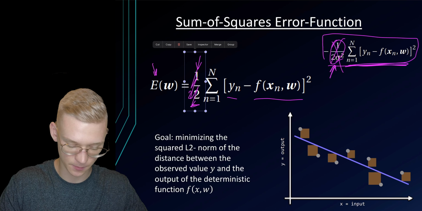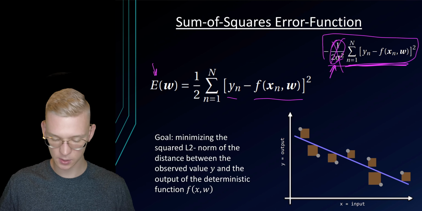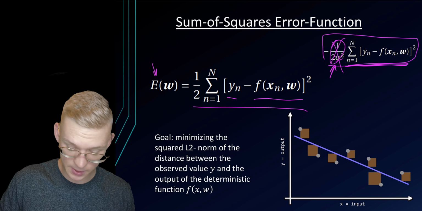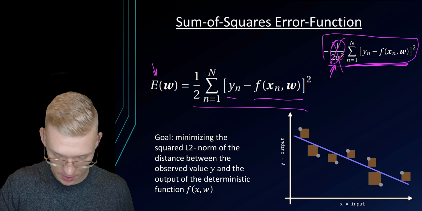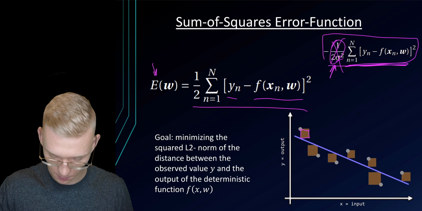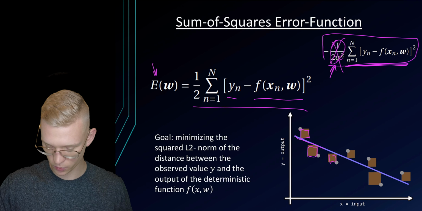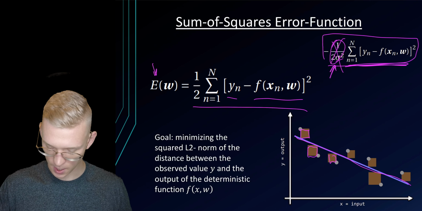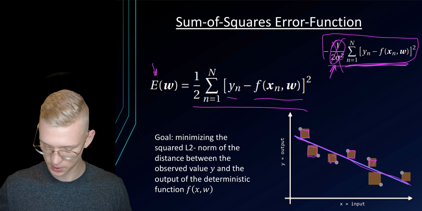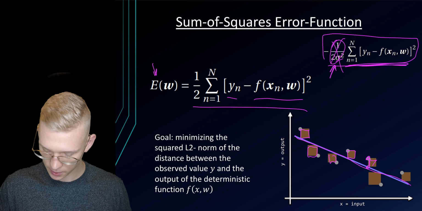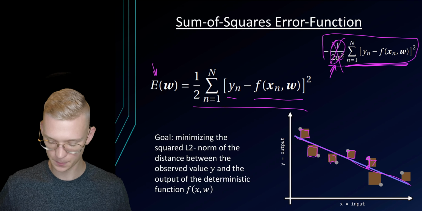So this is now our error function, and this is basically the least squares solution, or the least squares method, because this function is simply the squares that arise when we plot our function and insert the difference between our predicted value and our observed value.